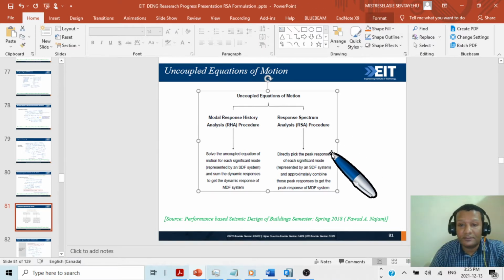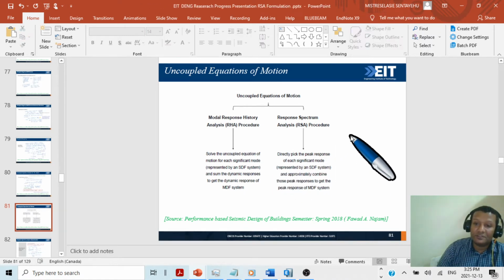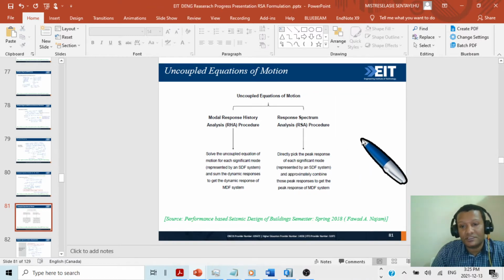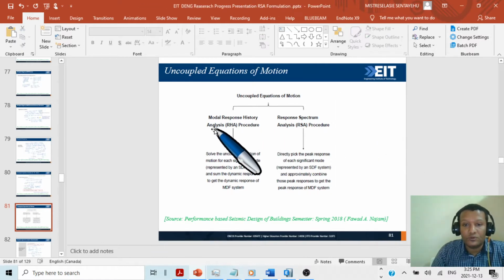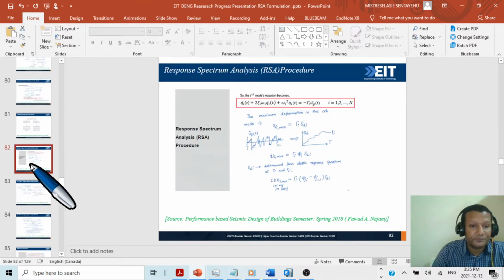It's not practical, even in response history analysis. For simple frames it's okay, but when our structure becomes complex we cannot do this by hand, but software will handle it for us, so we will see it in a minute also.